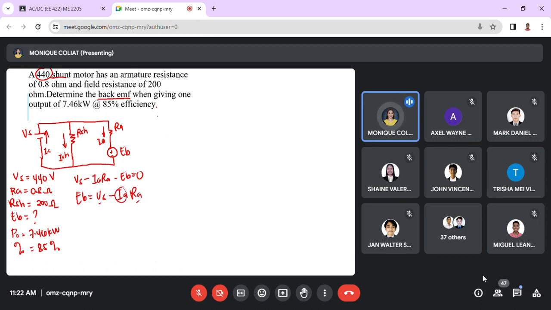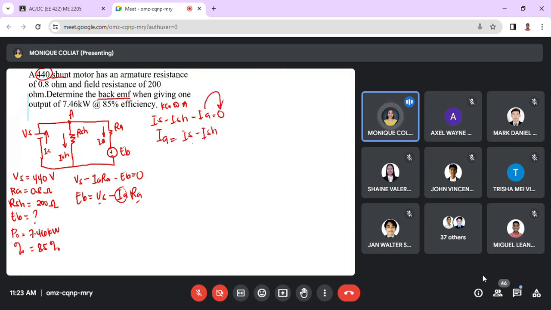For IA, KCL first at node A. IS minus ISH minus IA equal to 0. That means your IA is IS minus ISH.